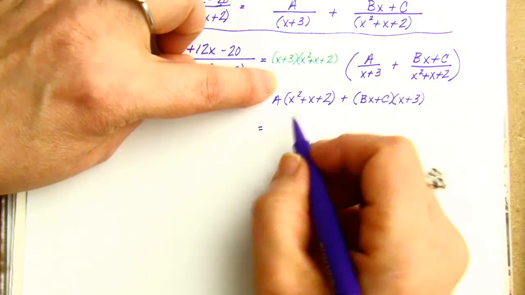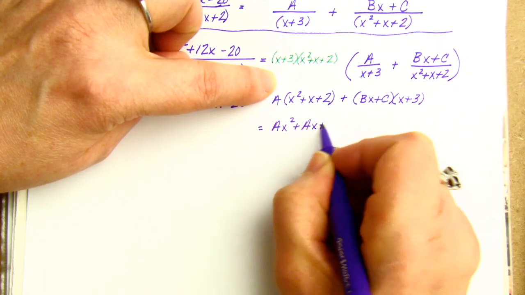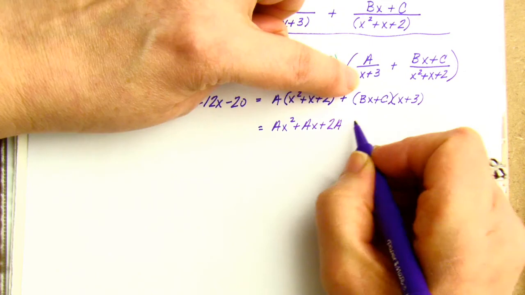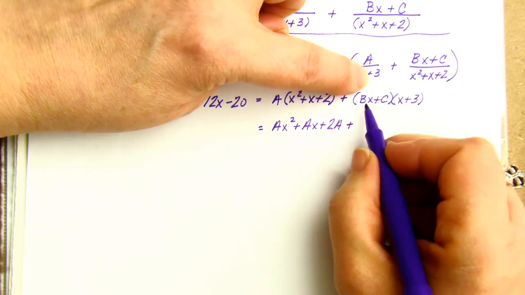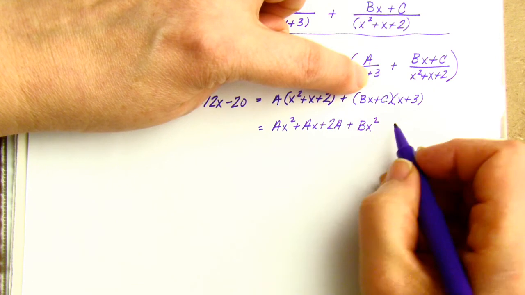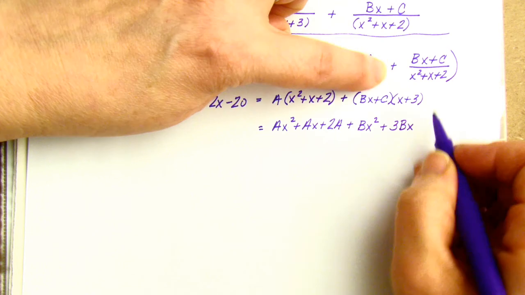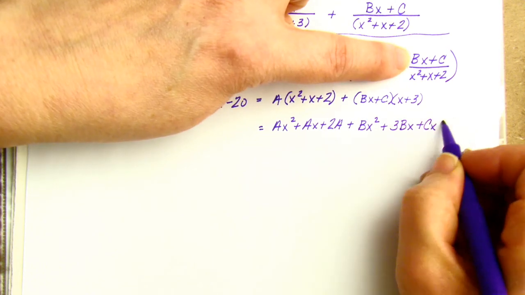Distribute. Ax squared plus ax plus 2a plus FOIL bx squared plus 3bx plus cx plus 3c.